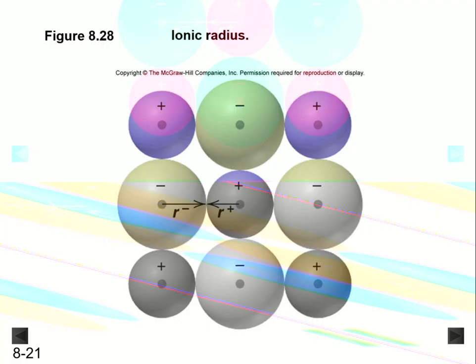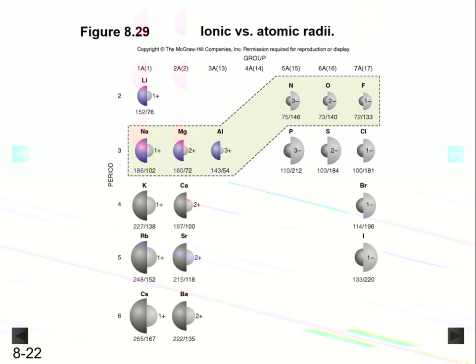Ionic radius is determined very similarly to metallic radius, but typically we will use multiple salts to determine the ionic radius of a particular atom. And here we see a comparison of ionic radius versus the corresponding atomic radius.